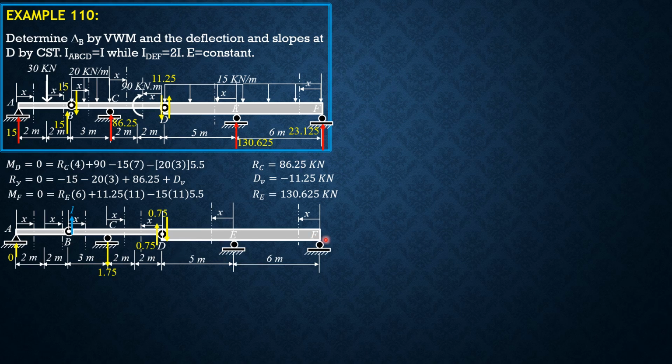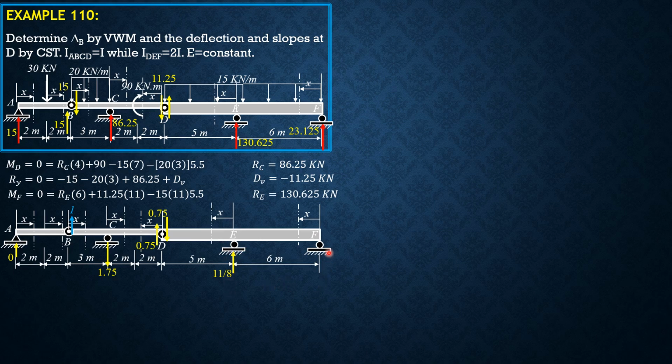Then for DEF, summation moment about F equals 0. So this should be 11 over 8. Reaction times 6 equals 0.75 times 11. So 0.75 times 11 divided by 6 is 11 over 8.